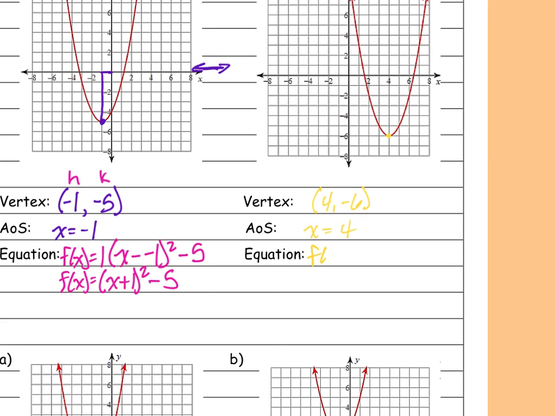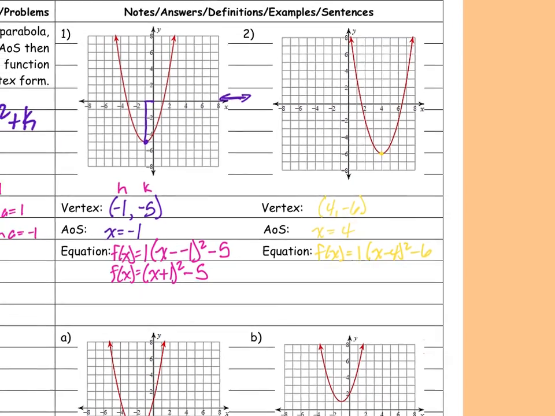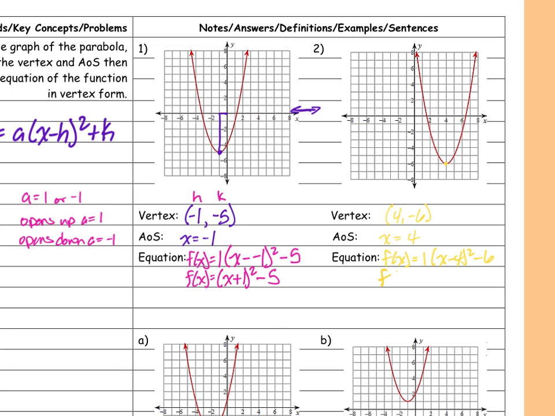So I have f of x equals 1 times x minus 4 squared minus 6, by substituting it into my equation, which is right over there. So to simplify it, I get f of x equals x minus 4 squared minus 6.